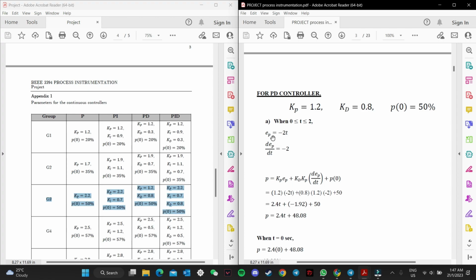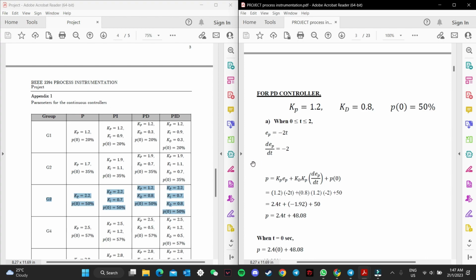First, we use back the error equation that we obtained in the P controller, which is equal to negative 2t.